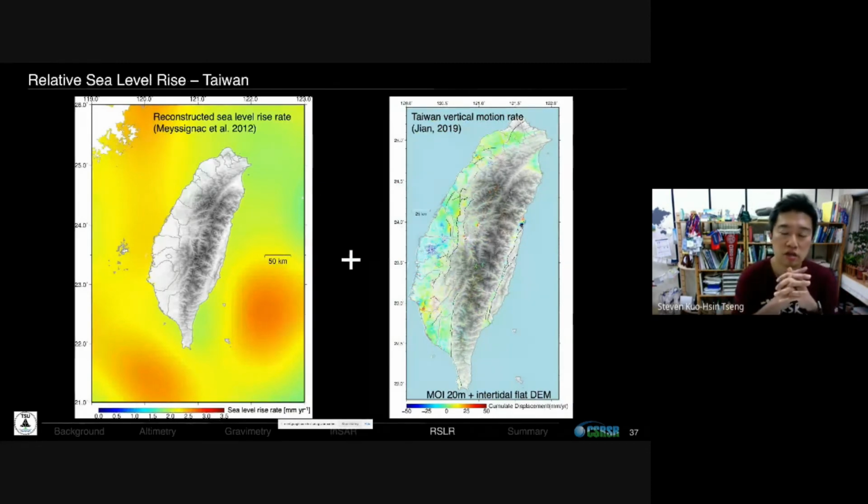Okay, so near the end, it's very important to combine these two together. So we have a sea level rise rate. Probably you can extract that from NASA's webpage, from the IPCC report.